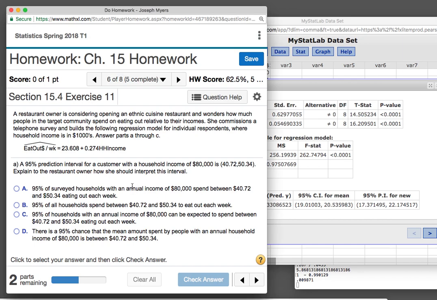So first of all, this only applies to households with an income of $80,000. So it can't be B.